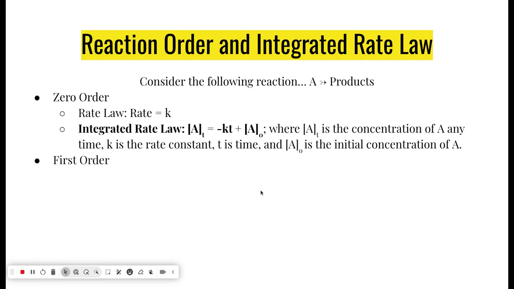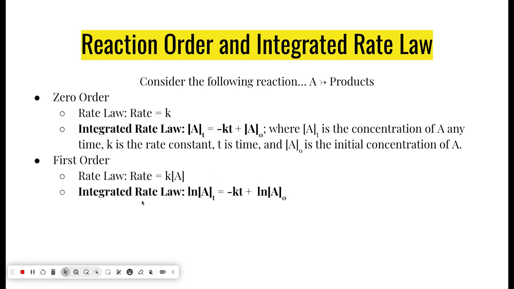For a first order reaction, as a reminder, the rate would equal k times [A], the concentration of A. And the integrated rate law then is the natural log of [A]t, the concentration at any given time, is equal to negative kt plus the natural log of the initial concentration of A, where k and t are the rate constant and time respectively.